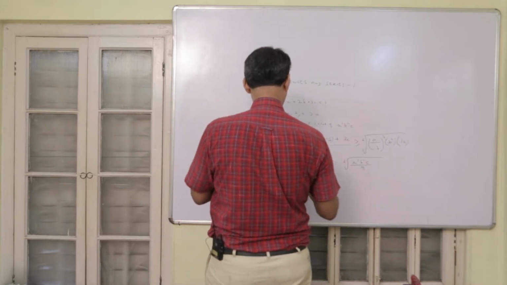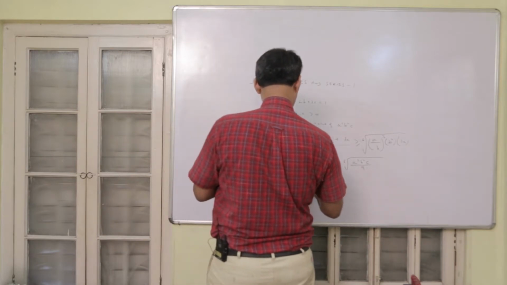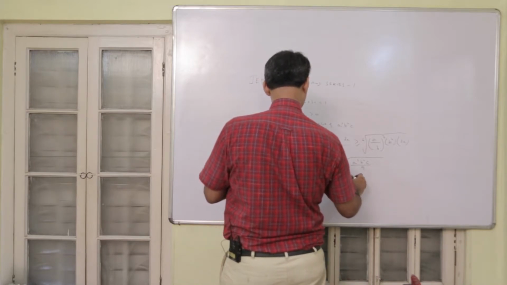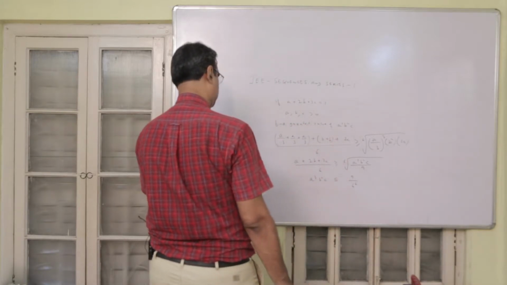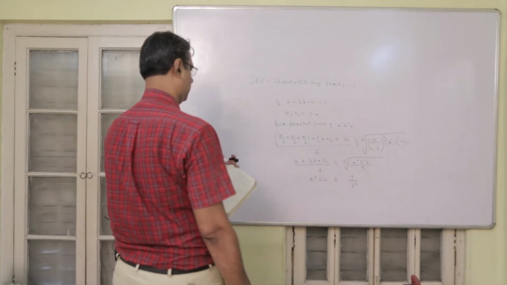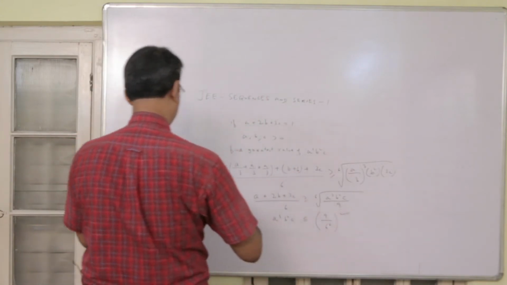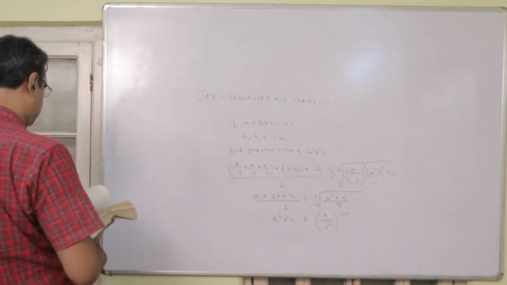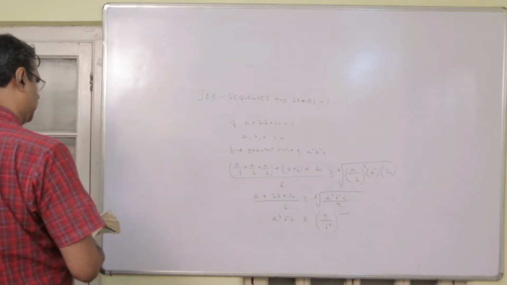So if you put a plus 2b plus 3c as 1, then a cube b square c is coming less than equal to 9 by 6 to the power 6. So this is the answer. The question was what is the greatest value? This is the answer. So this is another example of the application of the AM GM HM inequality.